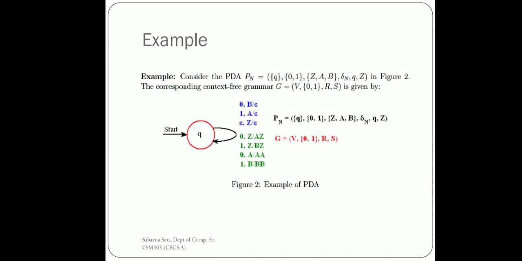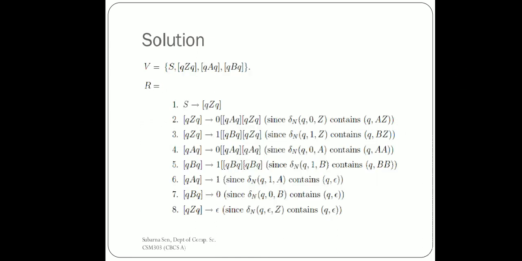Say we are given this PDA, and we have to construct the grammar. So we will see how to generate the production rules. Just remember these transitions and we will write the production rules. If you see this one, it says that first, with the start symbol, what will be my content?